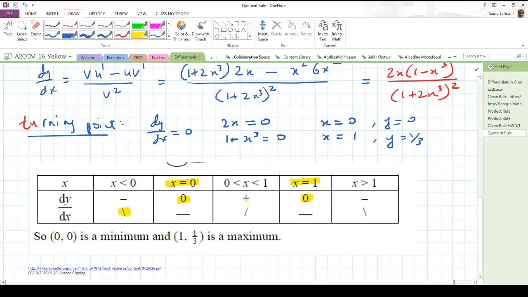On the other side, 0.1, we get a positive, and therefore it dips. So this point will be a minimum. Likewise, around x equals 1, on either side it goes up, hits 0, comes back down, and so x equals 1 must be a maximum. That tells us the nature of the turning points.